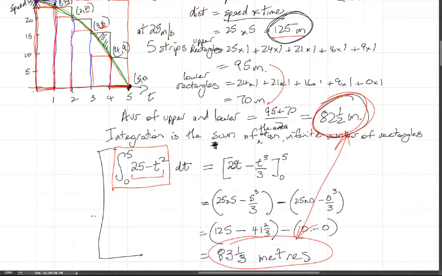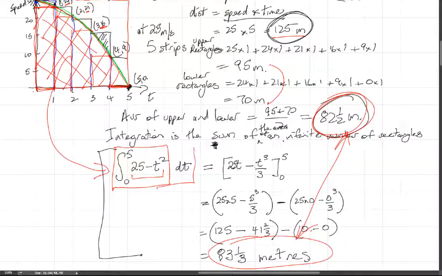So this gives us the area under the curve, between the curve and the x-axis. So that shaded area is exactly the same as that integral.